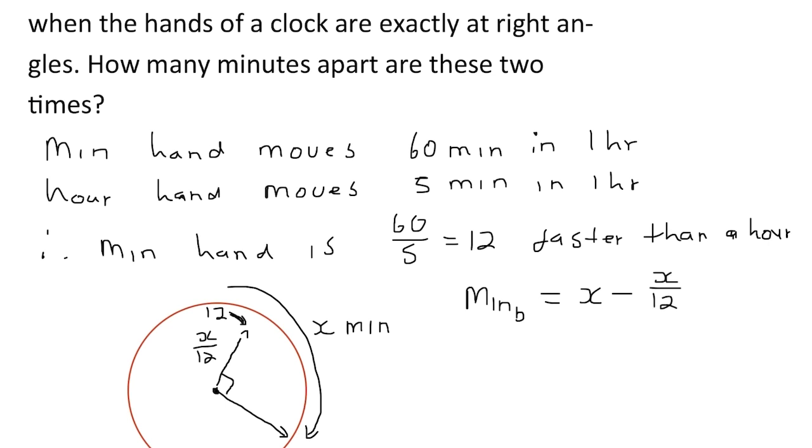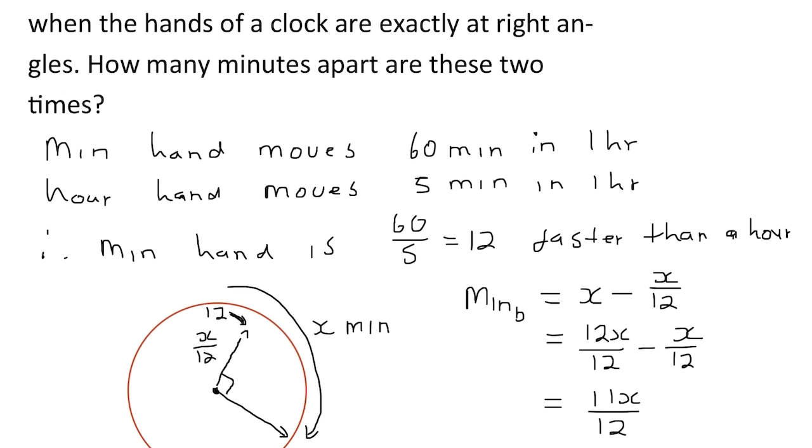Okay, there's the minutes in between the minute hand and the hour hand after the minute hand has moved x minutes. So we can simplify this into 12x over 12 minus x over 12, and we get 11x over 12.